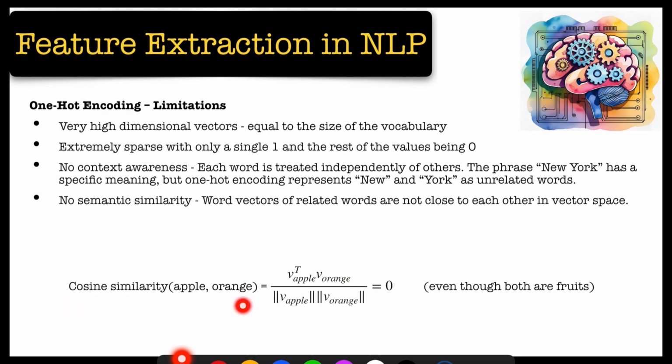The cosine similarity can be calculated with this formula: V apple transpose times V orange divided by norm of V apple times norm of V orange. Even though both are fruits, this will give 0 because these one-hot vectors are orthogonal. So the dot product will give 0, and we are not able to extract any similarity from these vectors.